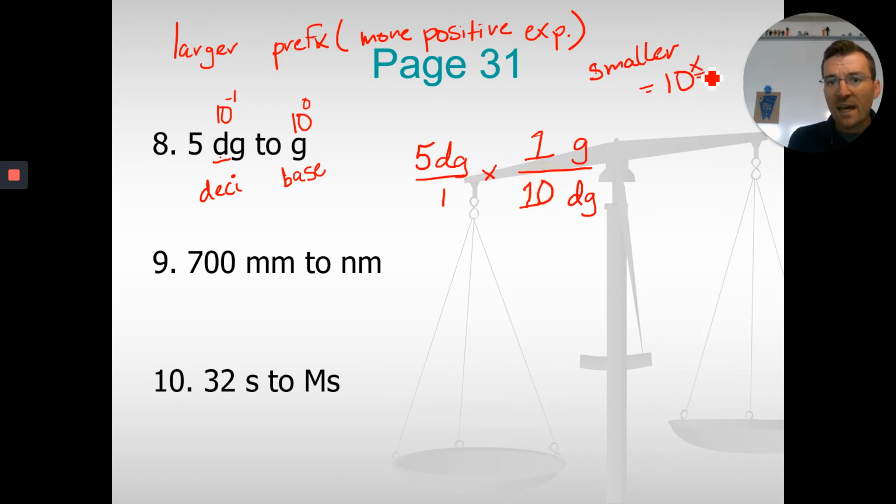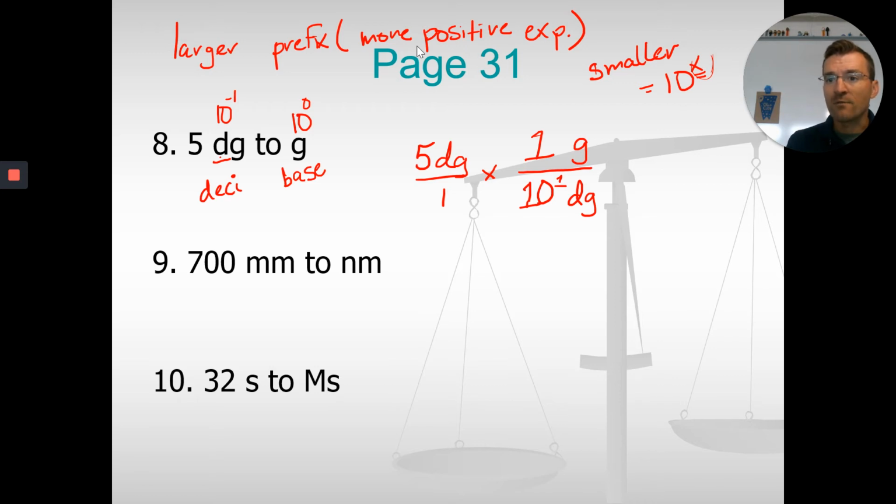And we find that x by looking at the difference between our two exponents. So in this case, the difference between negative 1 and 0 is just 1. So that would just be 10 to the first. Again, where I get my x from with my smaller prefix, or smaller unit, is by comparing the value of my exponents.